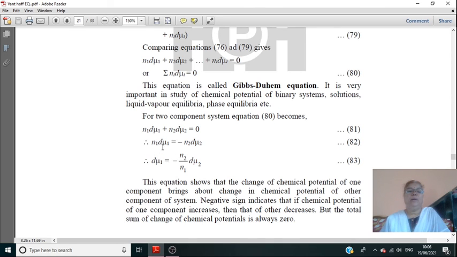Therefore, N1 dμ1 equals minus N2 dμ2. Therefore, dμ1 equals minus N2 by N1 into dμ2.